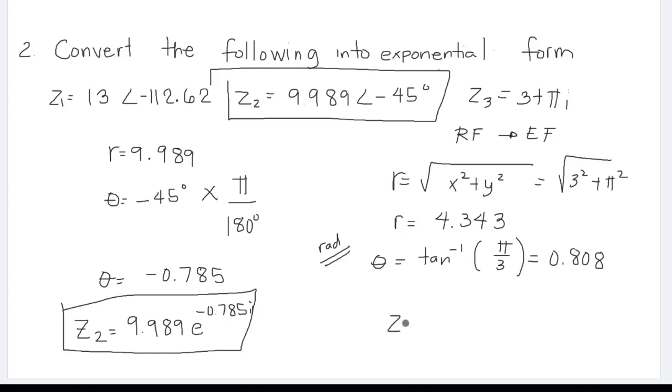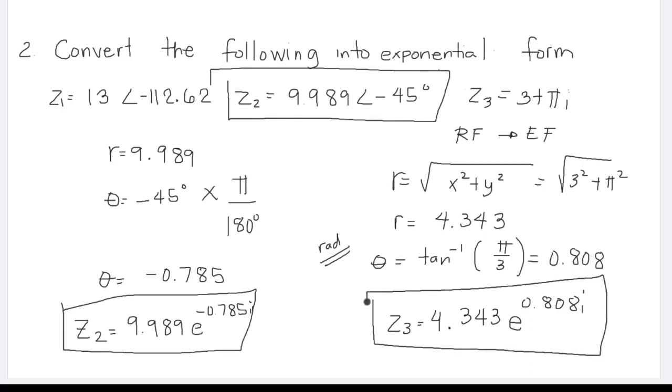And for our C3, the answer is 4.343 e to the 0.808i. So this is our value of Z3 in terms of exponential form.